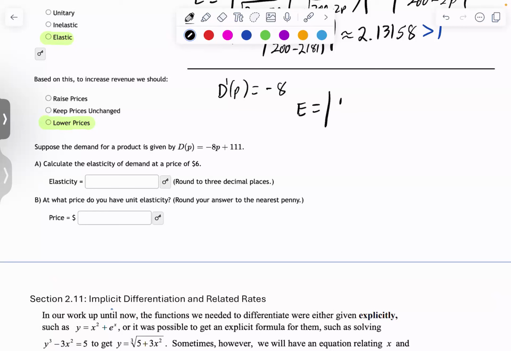So this is going to be p over our original function, -8p plus 111, times -8. And once again, they want to know specifically when we are at p equals 6.